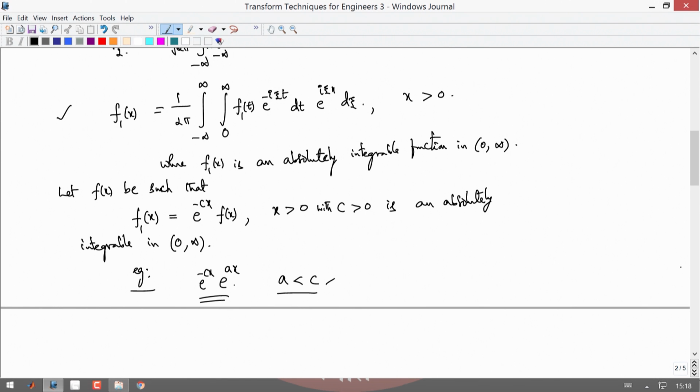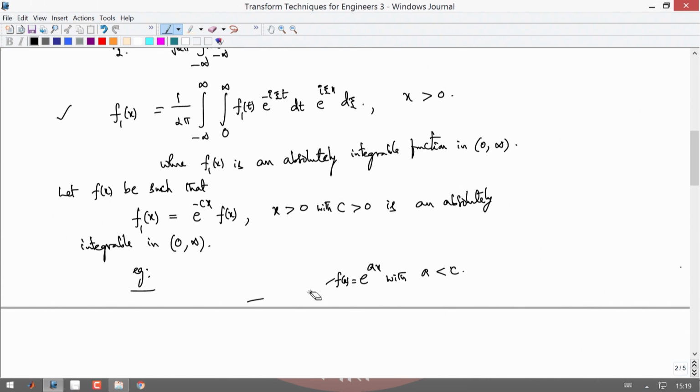So, this is actually equal to e power minus c minus a times x, because c is bigger than a, and this is an absolutely integrable function. So, from 0 to infinity it is integrable. So, one such example is f of x equal to e power a x with a less than c.